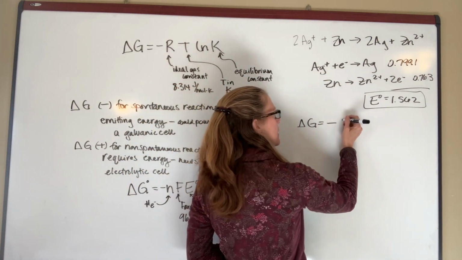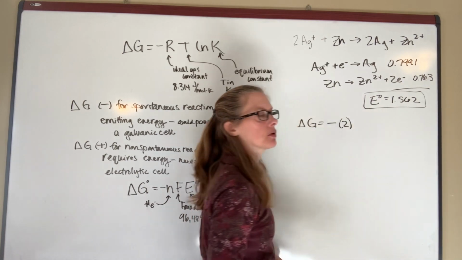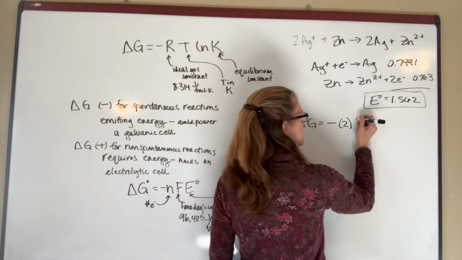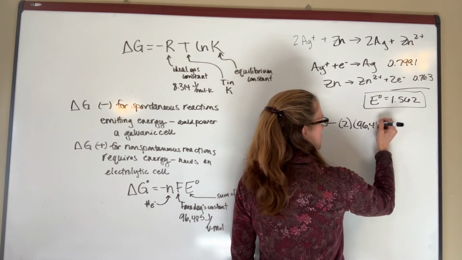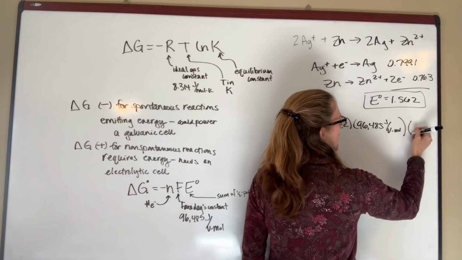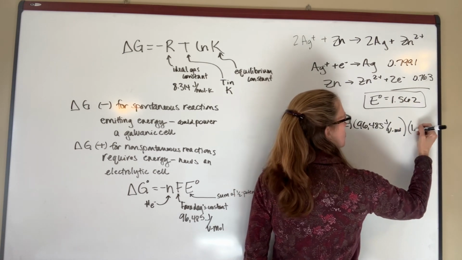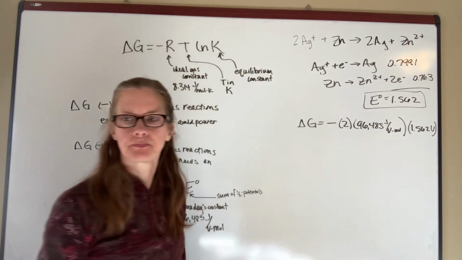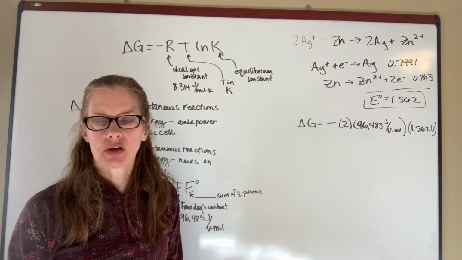So in this equation, for this particular example, n is going to be equal to 2. Then I'm going to use Faraday's constant, joules per volt mole, and then the reduction potential, 1.562 volts. So, plug and chug type of problem.